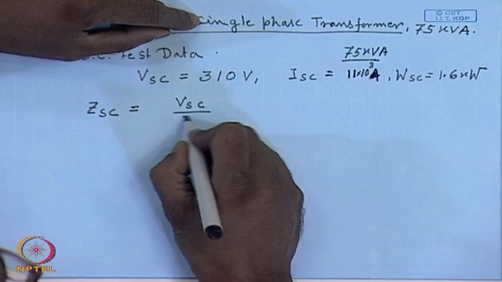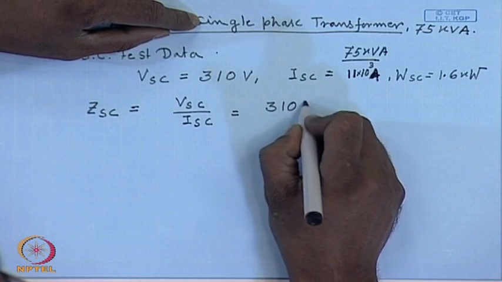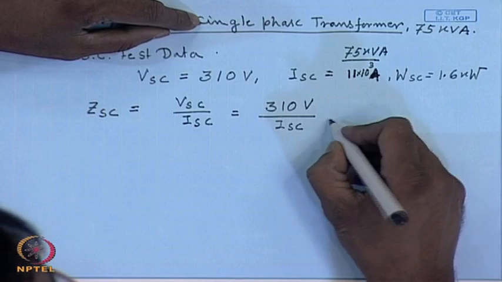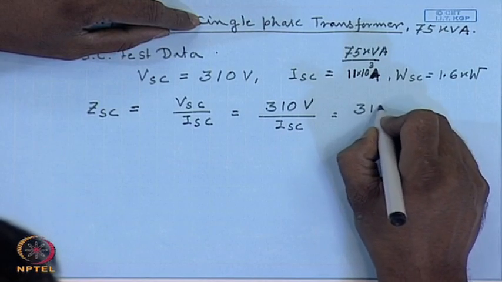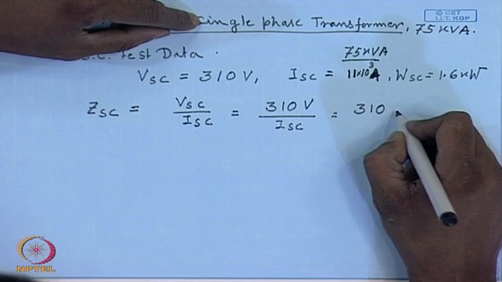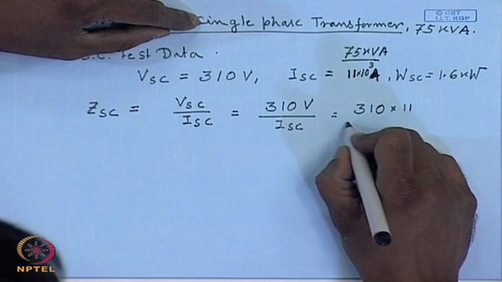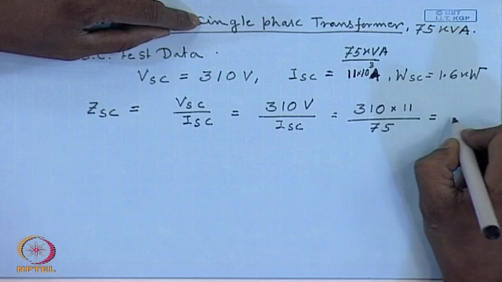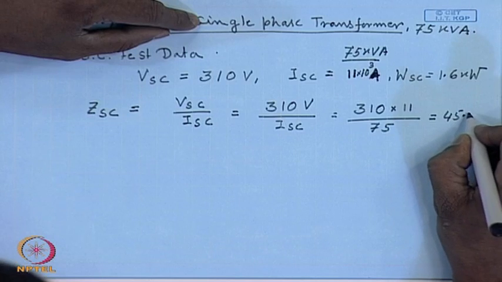VSC by ISC equal to 310 volts divided by ISC, which is 45.47 ohm.